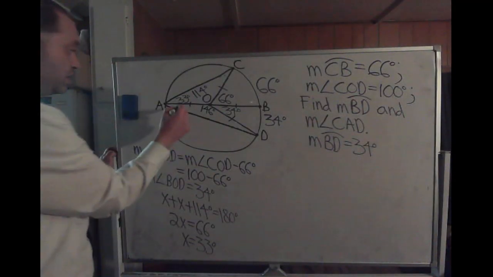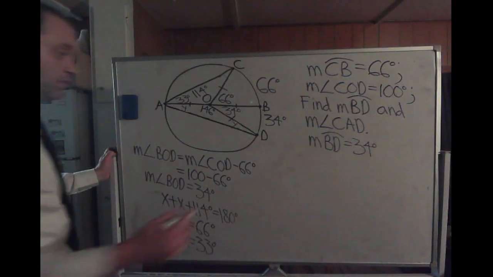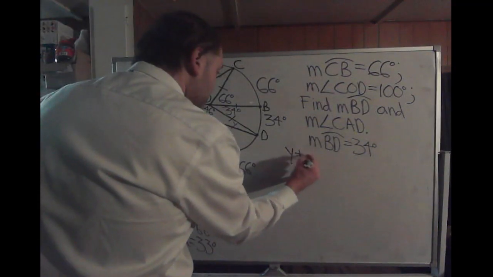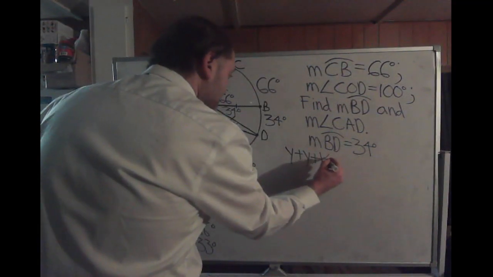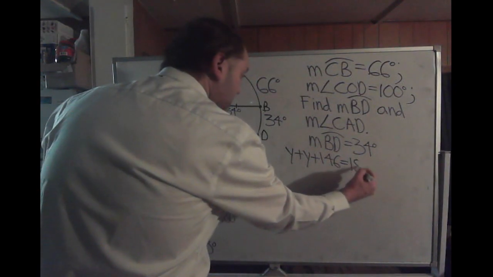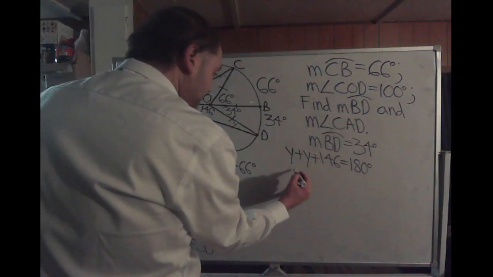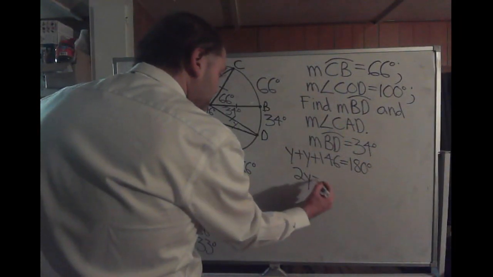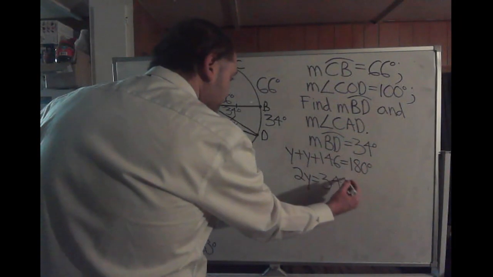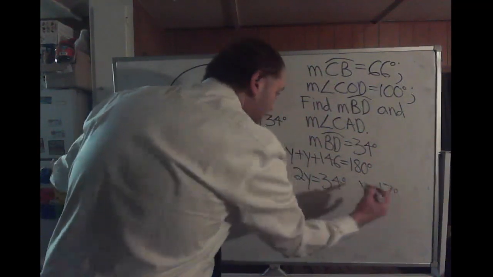So we'll call these Y, which now we're just going to take Y plus 146, set that equal to 180 degrees, which would have to mean then that 2y equals 34 degrees, which means that the missing angle is 17 degrees.